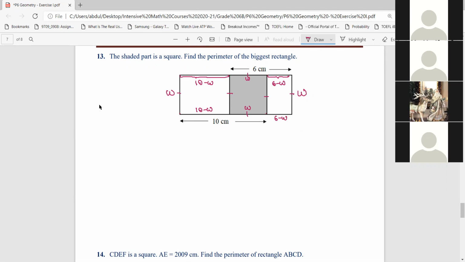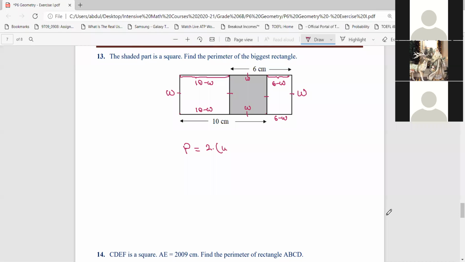Okay. Now, what is the perimeter of the big rectangle? We know that it's just equal to 2 times width plus length. What is the width? It is W plus 6 minus W. Length? Length is 10.